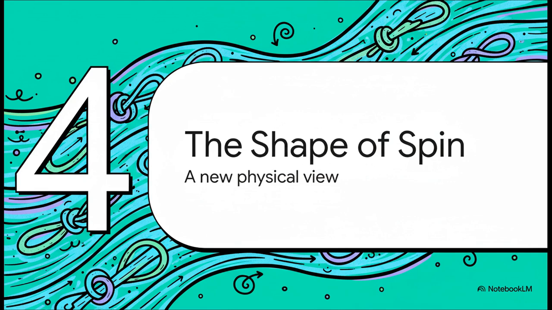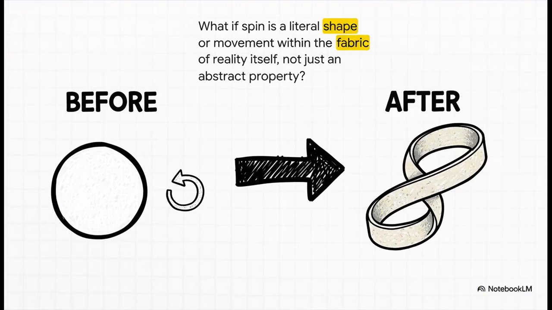Okay, so if we're going to step away from the pure math for a second, what could spin actually look like? Well, this is where our source material proposes something pretty radical, something you can actually picture. The big idea here is let's stop thinking about spin as some abstract property that's just attached to a particle. Instead, what if it's a literal, physical feature, like a twist or a knot, in the very fabric of the universe itself?